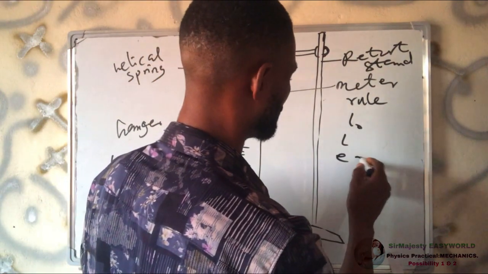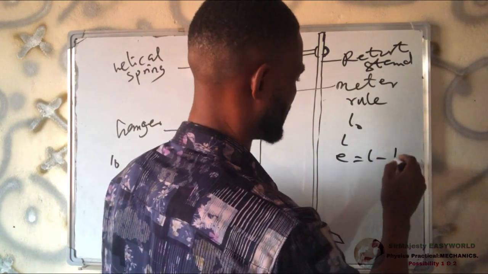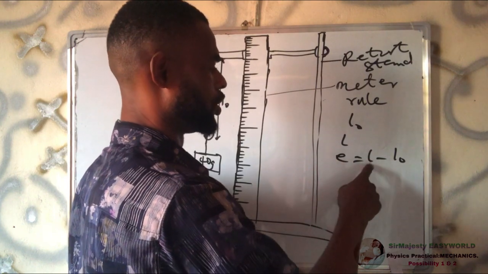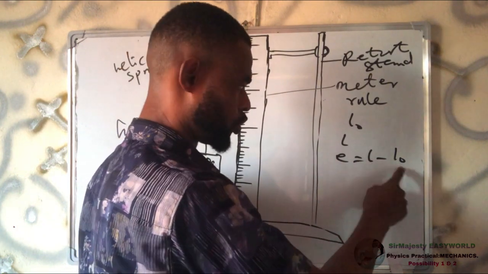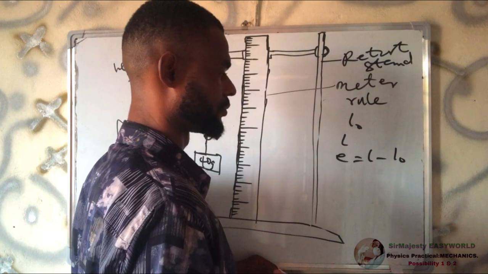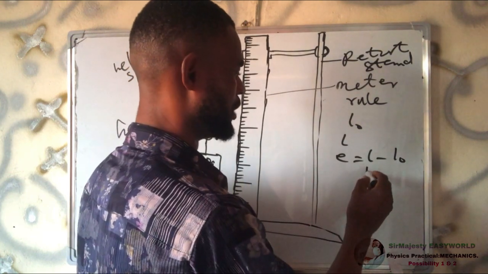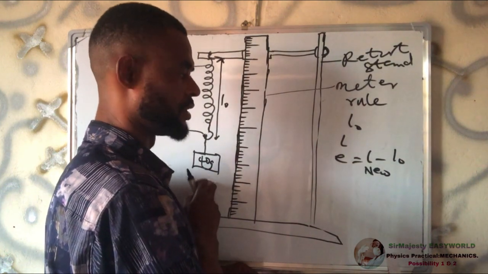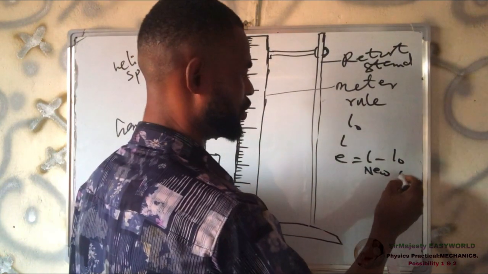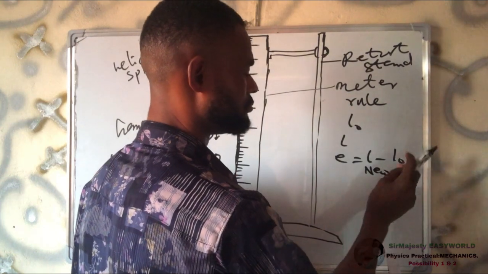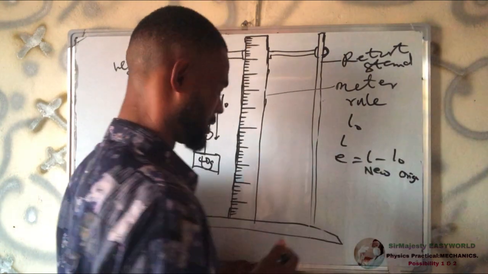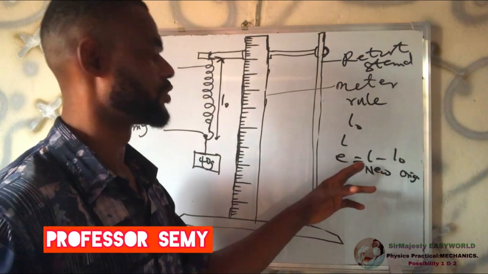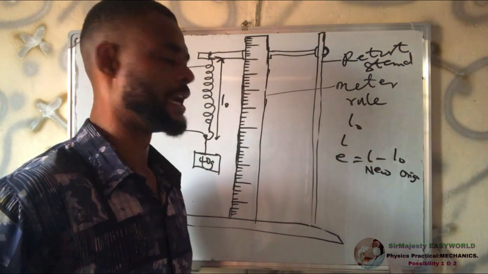The extension should be L minus L0, because extension is equal to new length minus original length. Do you understand now? This one is the new length, the length obtained when the mass is placed on the hanger. But this one is the original length, when the spring has no mass on it. So you evaluate your E as L minus L0.